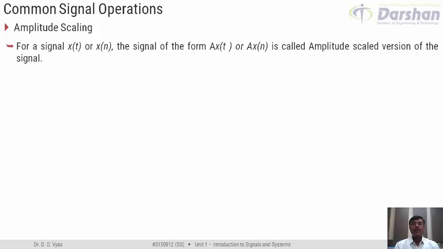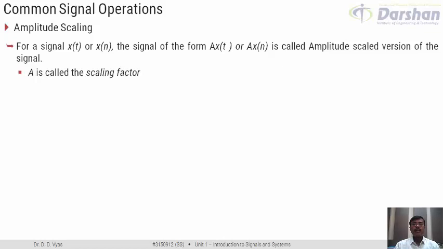So, in amplitude scaling, what basically happens is the magnitude of the signal is multiplied by a constant value A. There is as such no restriction on the value of this constant A. It can be greater than 1, it can be less than 1. In general, this factor A is called the scaling factor.